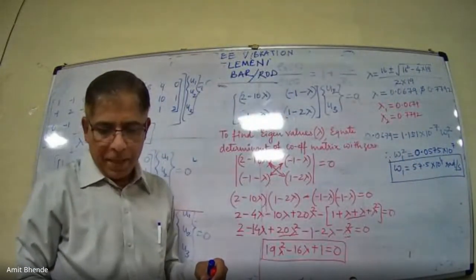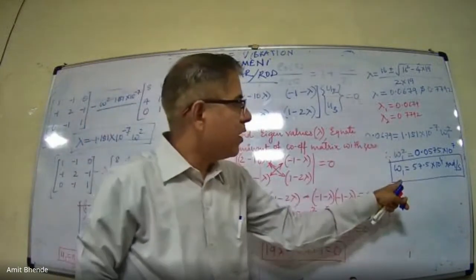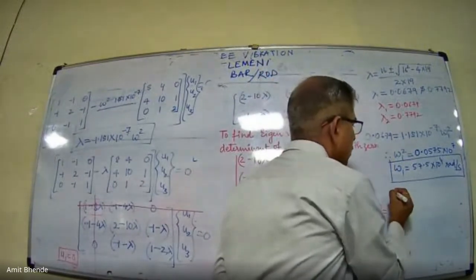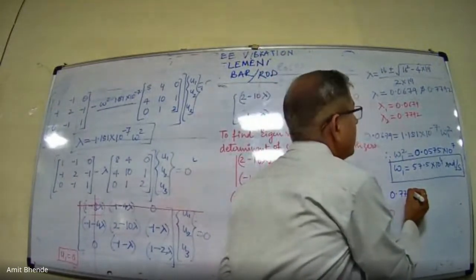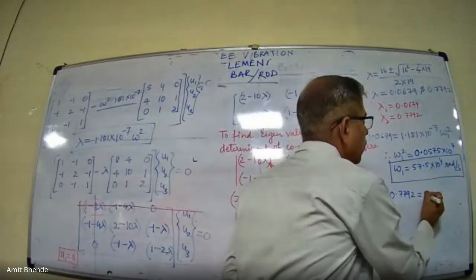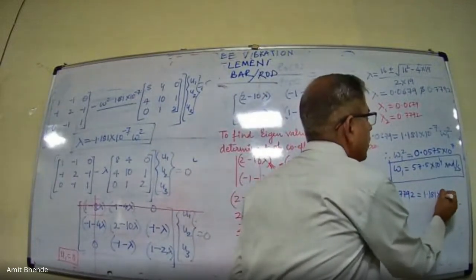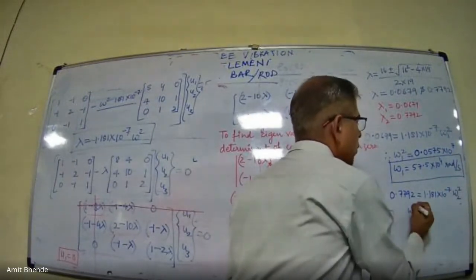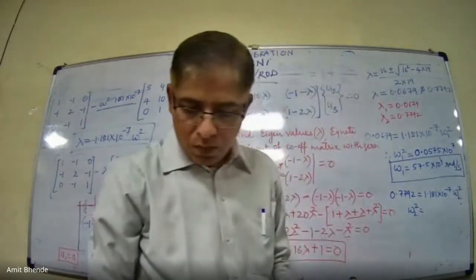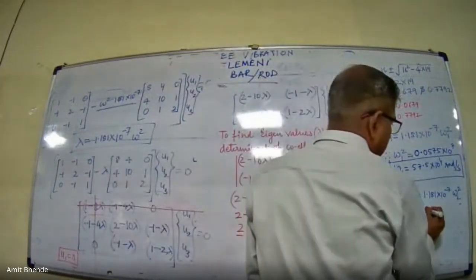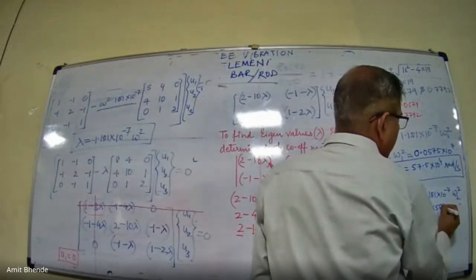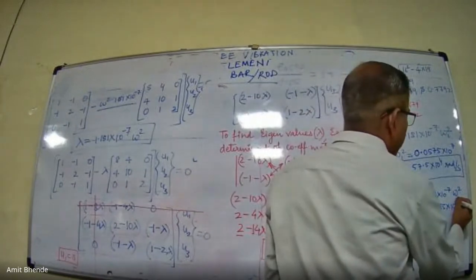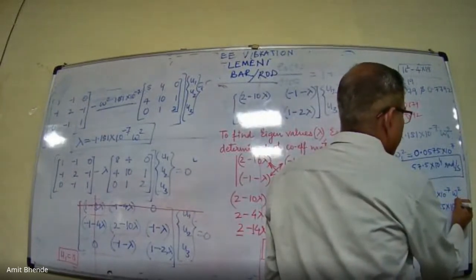And to find out the second natural frequency, put the lambda 2 value in this equation. So this is 0.7792 is equal to 1.181 into 10 to the power minus 7 omega 2 square. So here omega 2 square is equal to 0.6555 into 10 to the power, sorry, plus 7.